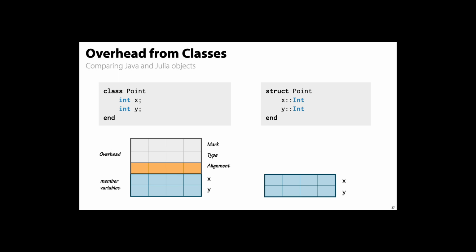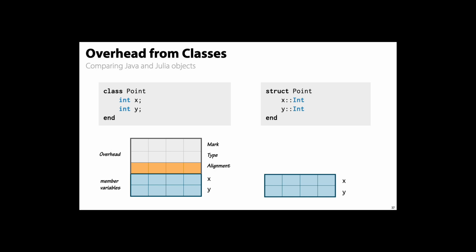We have to store things like a tag that says what type this is, because you could have a variable of type point, but which actually points to an object which is a subclass of point. So that's why you need to actually store the type in. And then there's things for the garbage collector, such as mark, because in Java, everything is by reference. So you're kind of pointing to objects that might need to be garbage collected. And then there's things like alignment that you have to deal with.